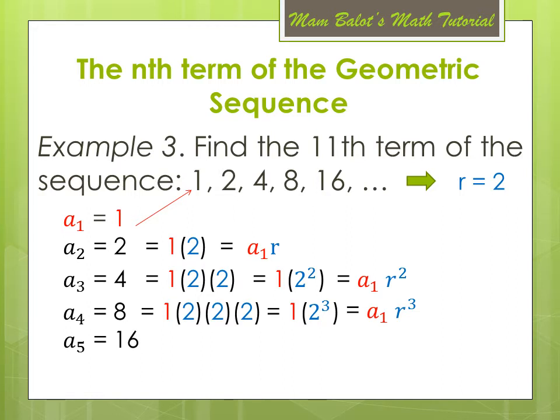A sub 5 is equal to 16, which is equal to 1 times 2 times 2 times 2 times 2. So this can be expressed as 1 times 2 to the fourth, and further as a sub 1 times r to the fourth. Observe that the exponent of r is actually 1 less than the subscript of a.